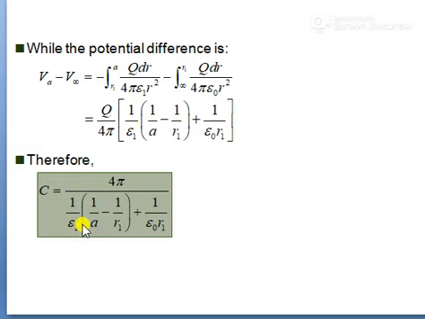Totally we get the capacitance C as 4 pi divided by 1 by epsilon 1 into bracket 1 by A minus 1 by r1 plus 1 by epsilon naught r1. This is the equation of capacitance.